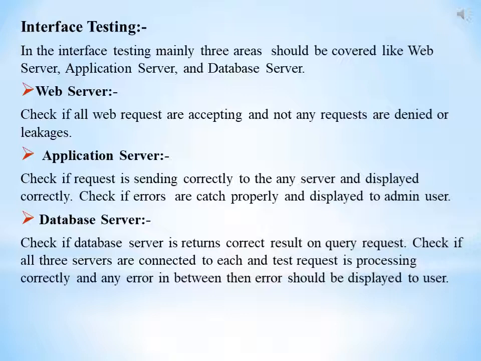Then next is the application server. Check if a request is sent correctly to the server and displayed correctly. Check if errors are caught properly and displayed to admin users. These happen in the application server. And the database server: check if the database server returns correct results on a query request.